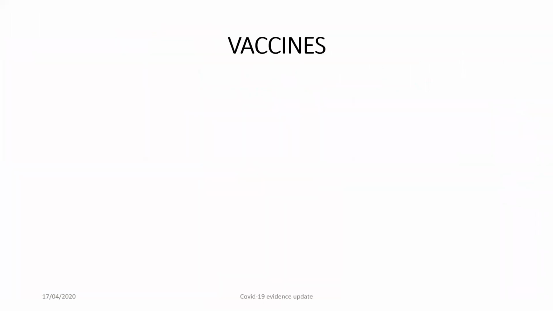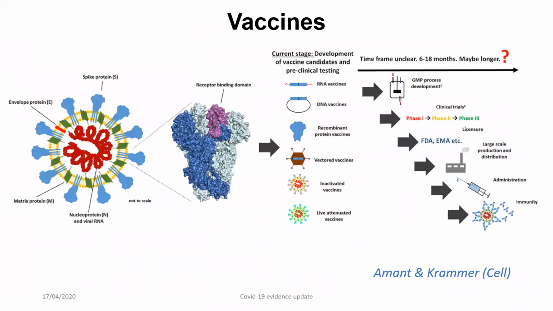Finally, I'm going to talk briefly about vaccines, which is our desperate hope to get us all out of lockdown at the moment. This is a nice diagram from a paper in Cell, which summarizes the development process. So on the left, we've got our coronavirus schematic. Here is the receptor binding domain of the spike protein that we saw attaches to the ACE2 receptor.